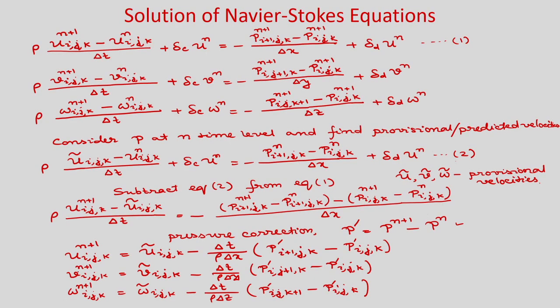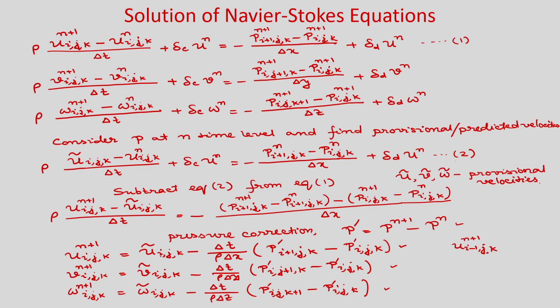So, the value of u v w at n plus 1 we have found from this relation, you can see. The value of u v w at n plus 1 you can write in terms of provisional velocity and the pressure correction, and similarly you can write for u i minus 1 j k at n plus 1.